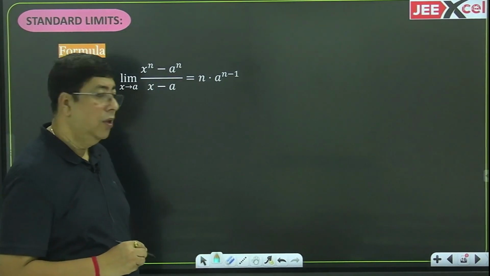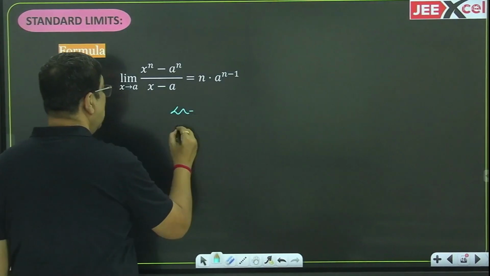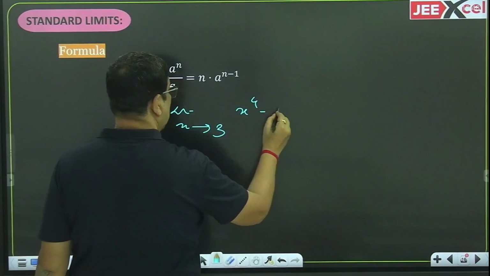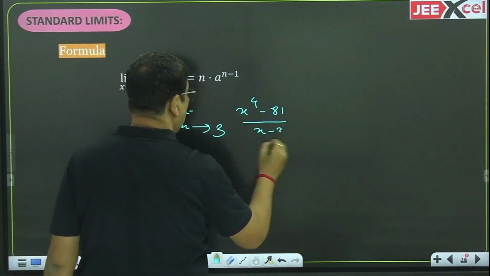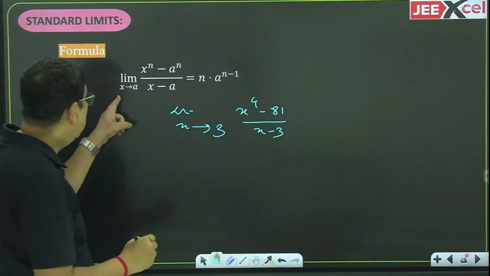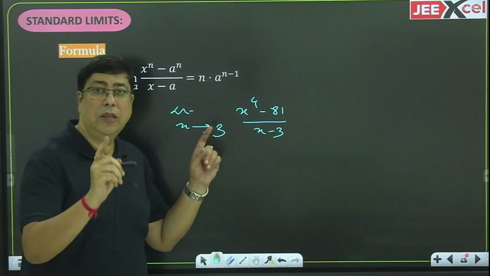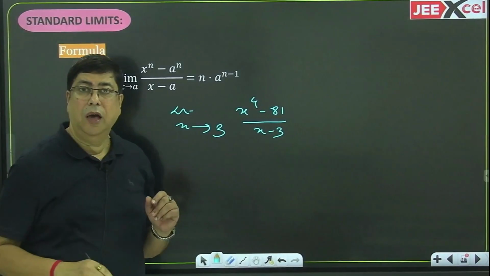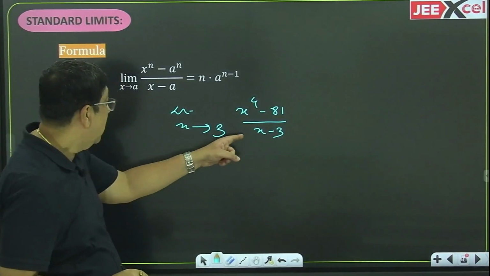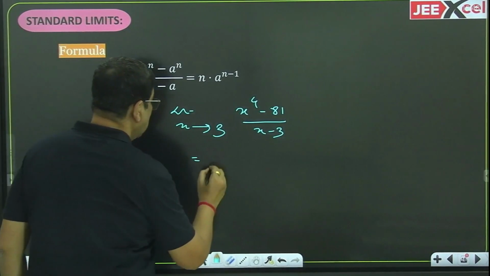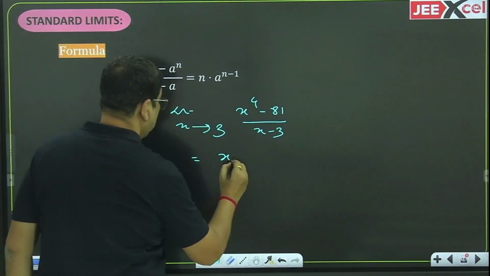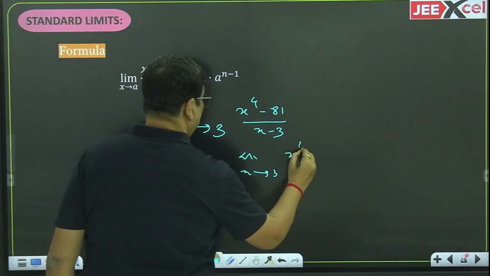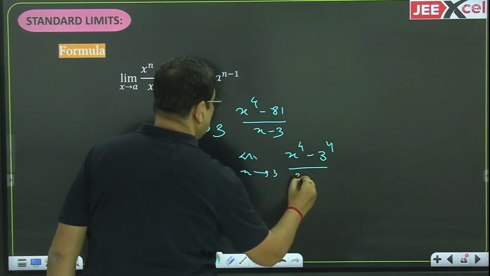This is a formula. For example, if I tell you limit x tends to 3 of (x to the power 4 minus 81) by (x minus 3), what will be its answer? Look here, limit x tends to a, and remember one thing, the answer of a limit is always some real number. So we'll apply this formula. Limit x tends to 3 of (x to the power 4 minus 3 to the power 4) by (x minus 3).